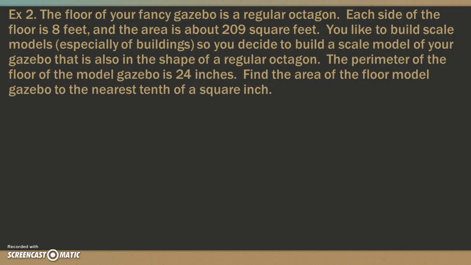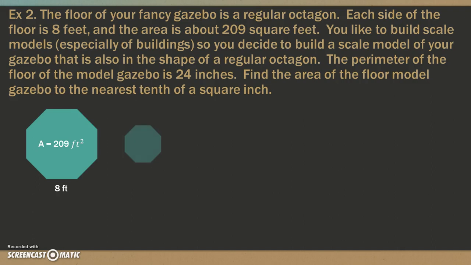The floor of a fancy gazebo is a regular octagon. Each side of the floor is 8. The area is about 209 square feet. You like to build scale models, so you decide to build a model of your gazebo. The perimeter of the floor of the model gazebo is 24 inches. Find the area of the floor of the model gazebo to the nearest tenth of a square inch. So you've got the octagon here. It's 8 feet, and the area is 209. We have the smaller one here, and we know the perimeter is 24, so the length is 3.